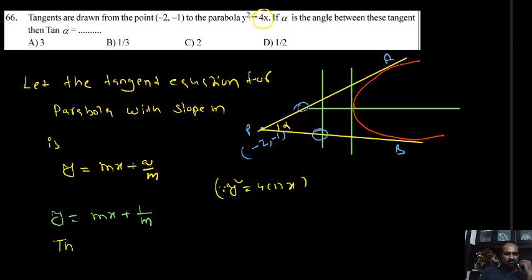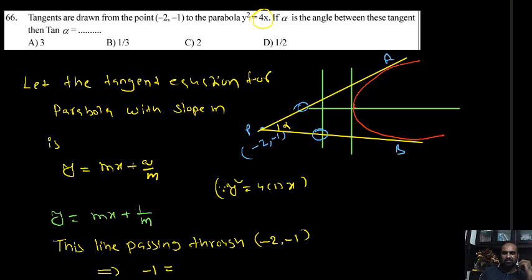So this line is passing through (-2, 1), that implies 1 equal to m into -2 plus 1 by m.